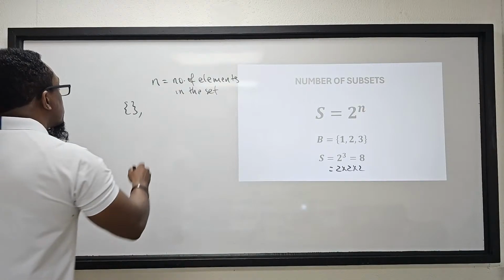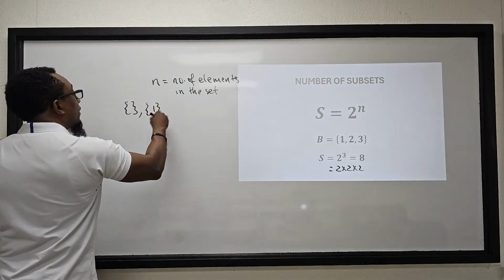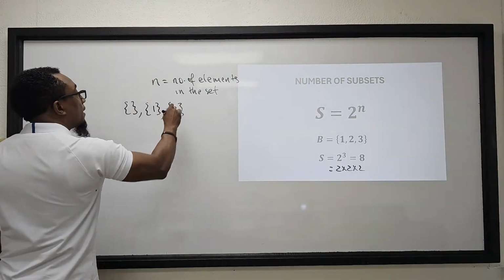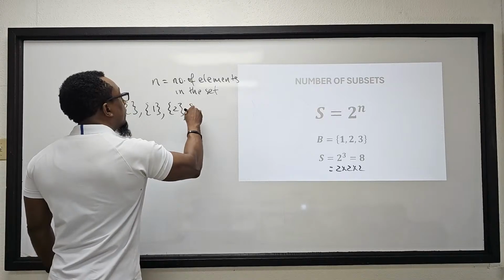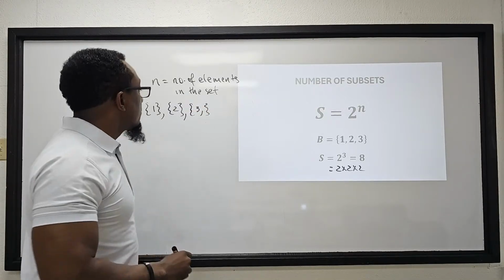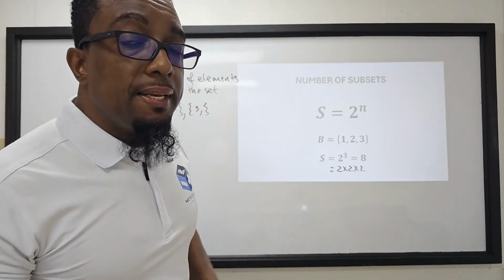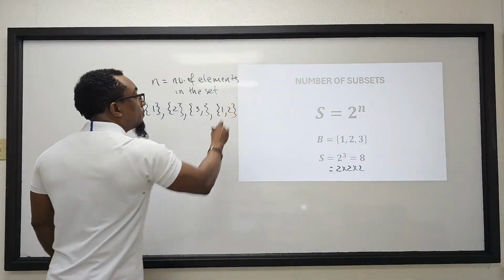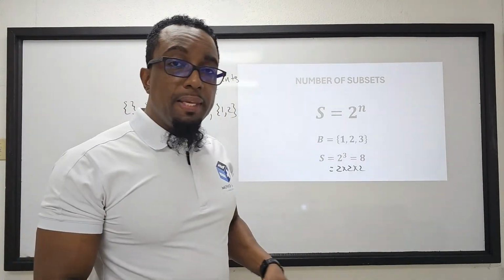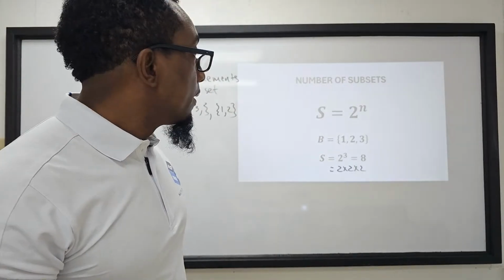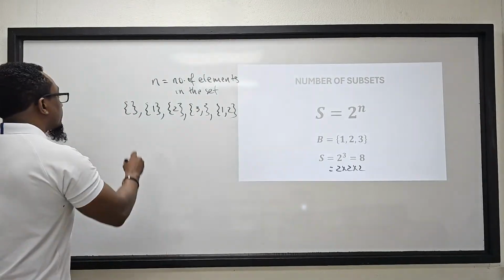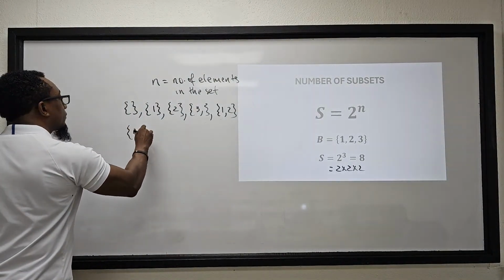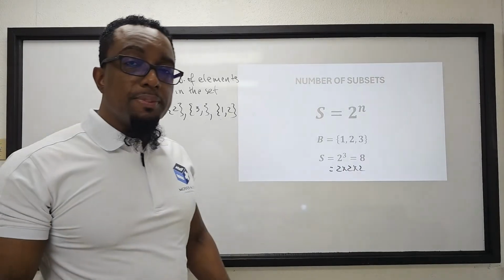Will be 1 is a subset of set B, 2 is a subset of set B, 3 is a subset of set B. And then we look at different combinations. You also have 1, 2 is a subset of set B. We have 2, 3 is also a subset of B.